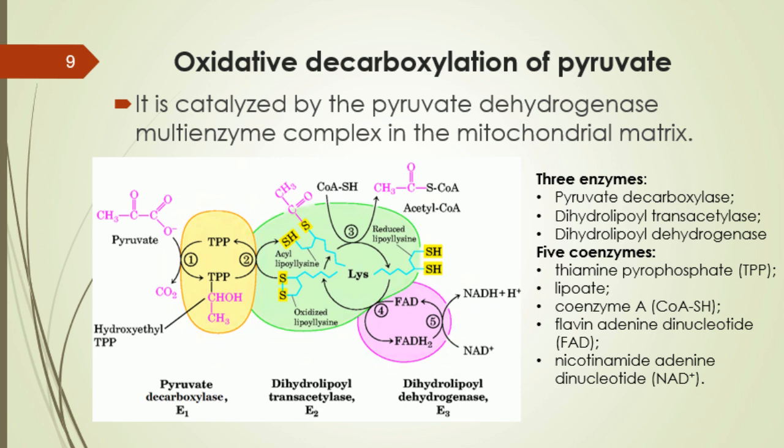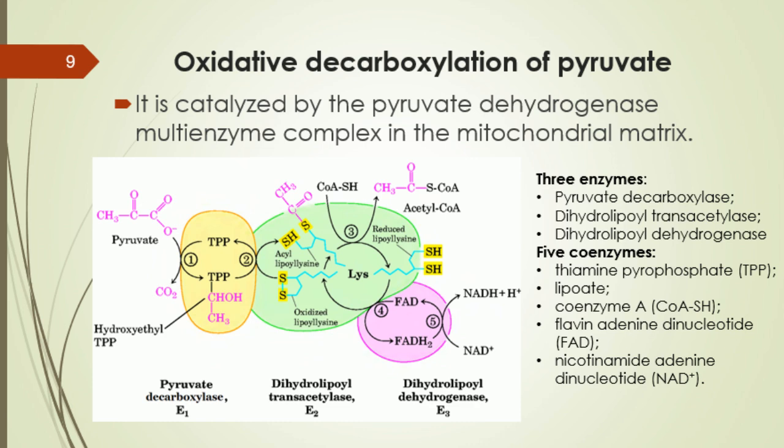Pyruvate undergoes oxidative decarboxylation to acetyl coenzyme A in the mitochondria with the participation of the pyruvate dehydrogenase multi-enzyme complex. The pyruvate dehydrogenase complex consists of three enzymes. 1. Pyruvate decarboxylase, whose coenzyme is thiamine pyrophosphate, TPP, a derivative of vitamin B1. 2.